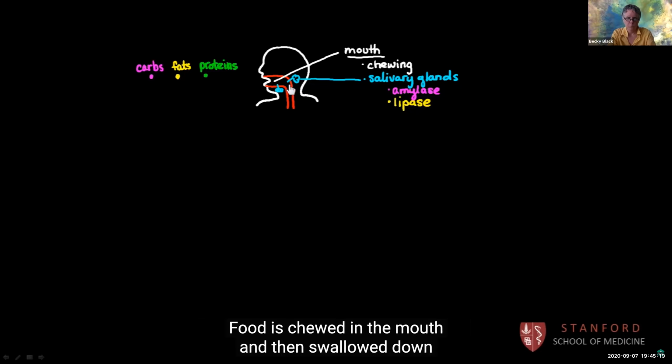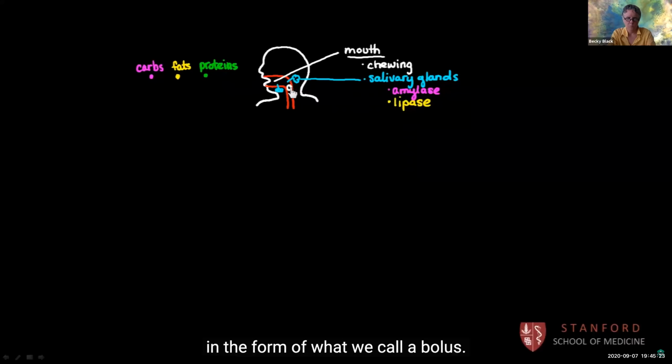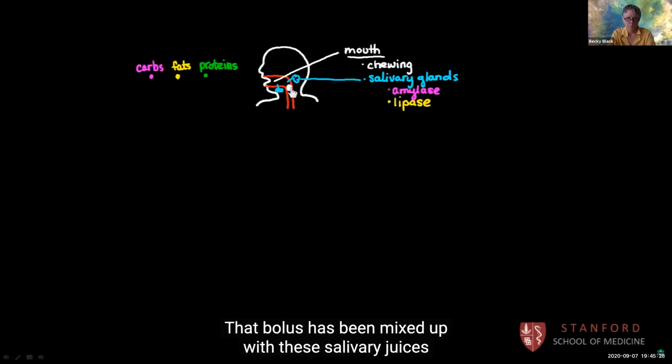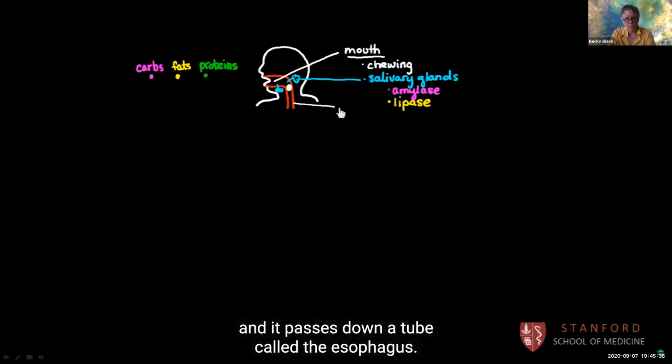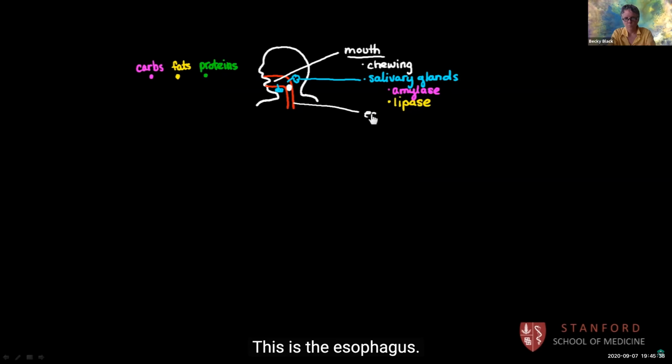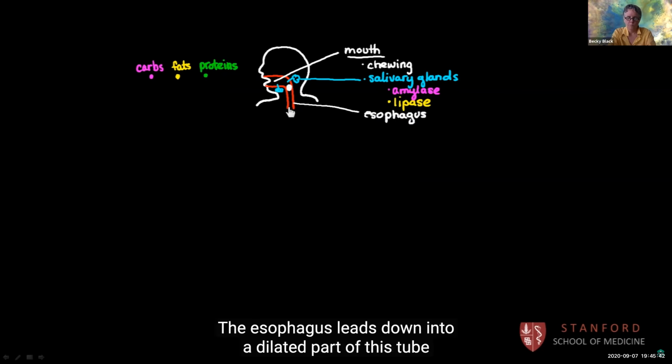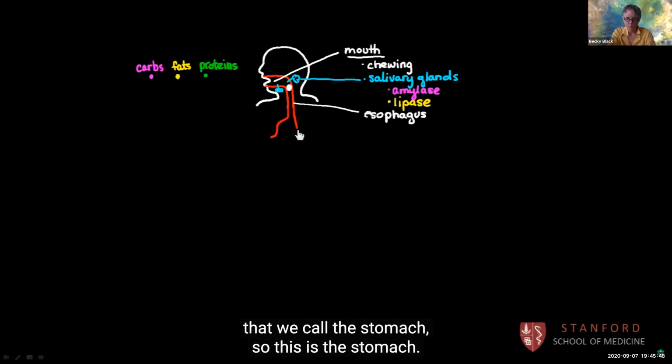So food is chewed in the mouth and then swallowed down in the form of what we call a bolus. That bolus has been mixed up with the salivary juices, or the salivary enzymes. And it passes down a tube called the esophagus. This is the esophagus. And the esophagus leads down into a dilated part of this tube that we call the stomach.